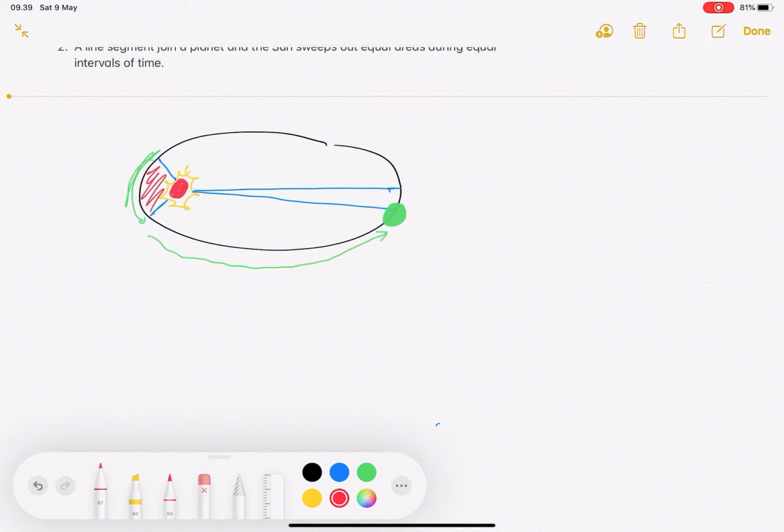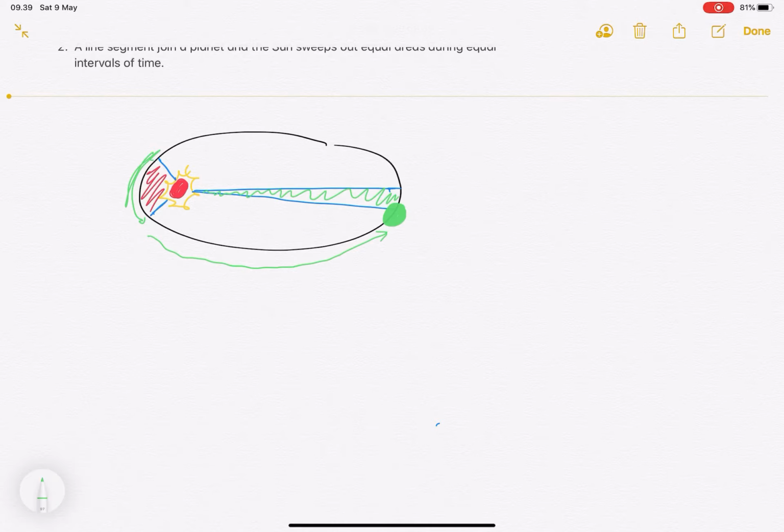Since the radius here is smaller, it makes sense that the planet is traveling faster on this side, and it travels slower over this side. So this is planetary law number 2.